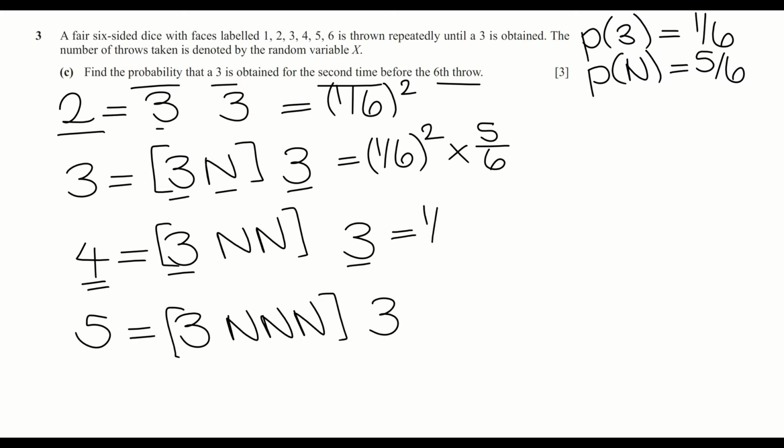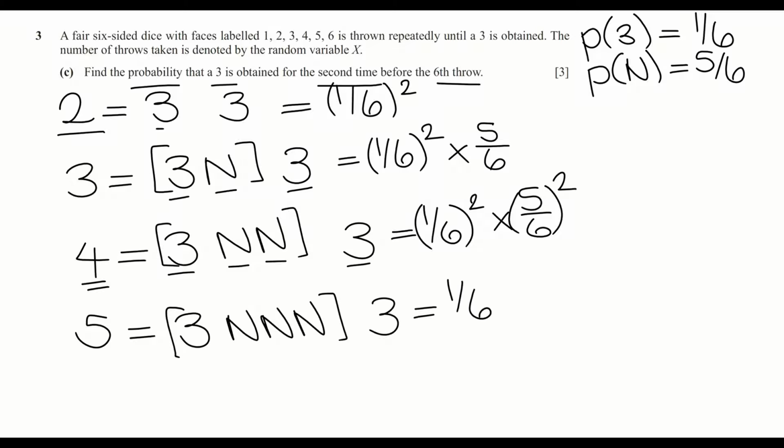Again, 1 over 6 squared, and no 3 and no 3. So we multiply by 5 over 6 squared. In 5 throws, I get 2 3s, 1 over 6 squared, and no 3 and no 3 and no 3. So we multiply by 5 over 6 cubed.